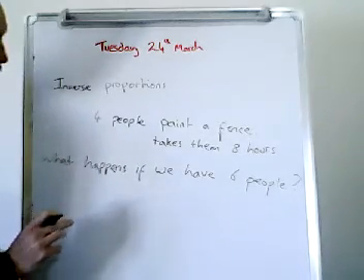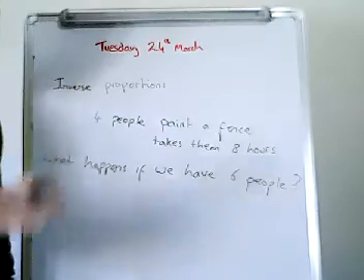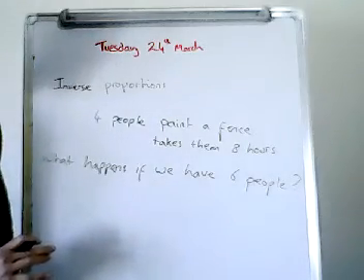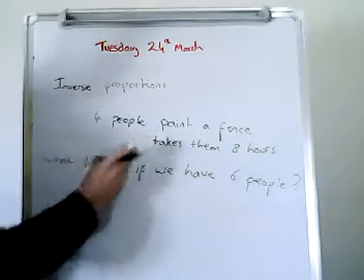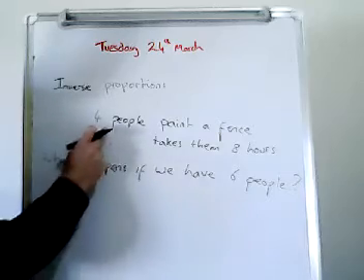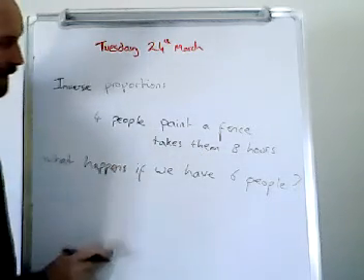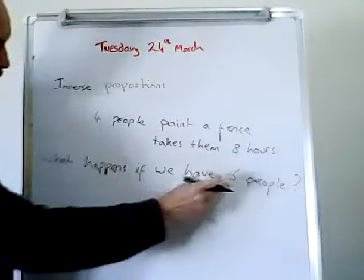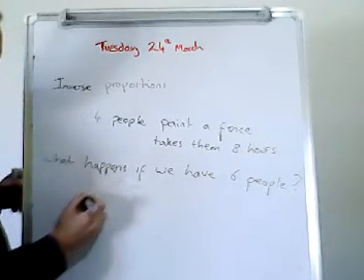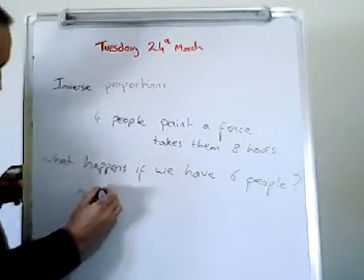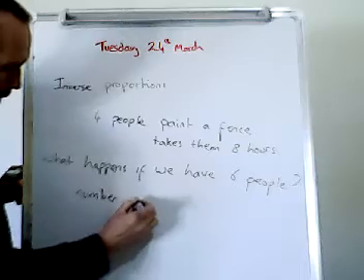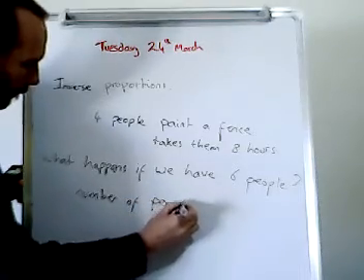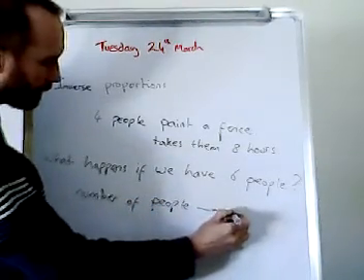So it goes up or down at the same rate. But here, we've got something different. If 4 people paint the fence in 8 hours, the number of people here has increased.